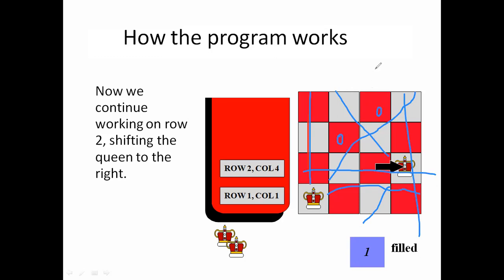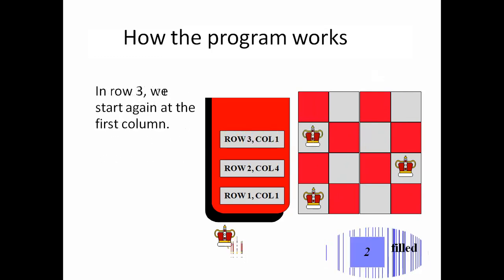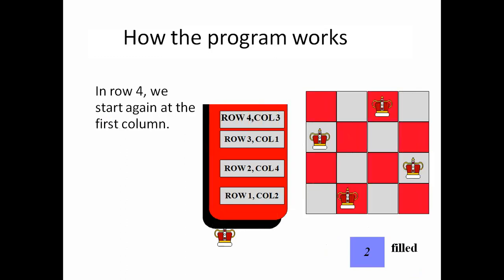Now let's see how it happened. Row 2 is filled, so the position is incremented by 1 and we move to the third row. Again in the third row that position is not possible, so we shift to the next one, then again we start at the second column.